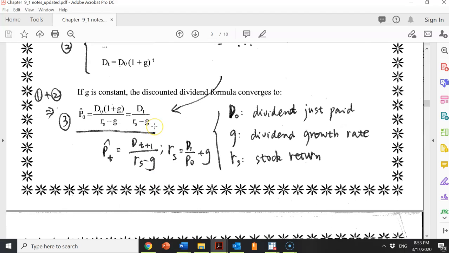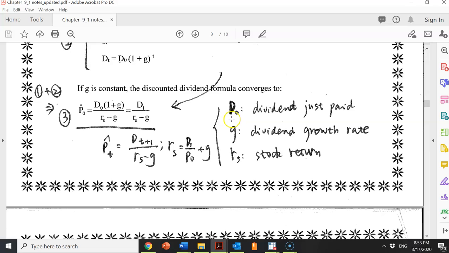And we call this the constant growth model version of the dividend discount model. Here D0 is the dividend just paid. The dividend given out at time 0 is already paid. So if you're purchasing the stock, paying P0 now, you're not going to get this D0, which is already paid.